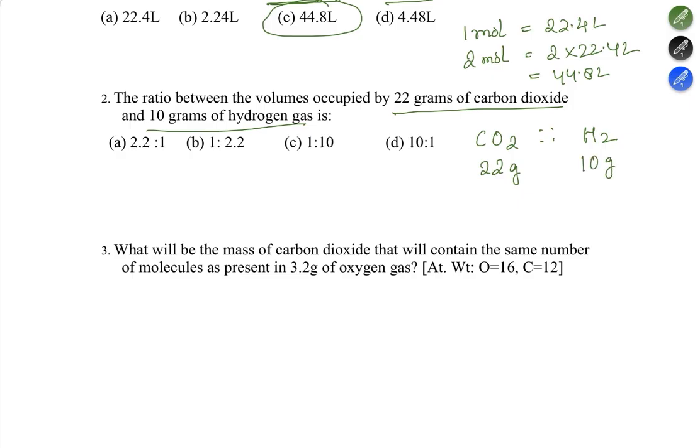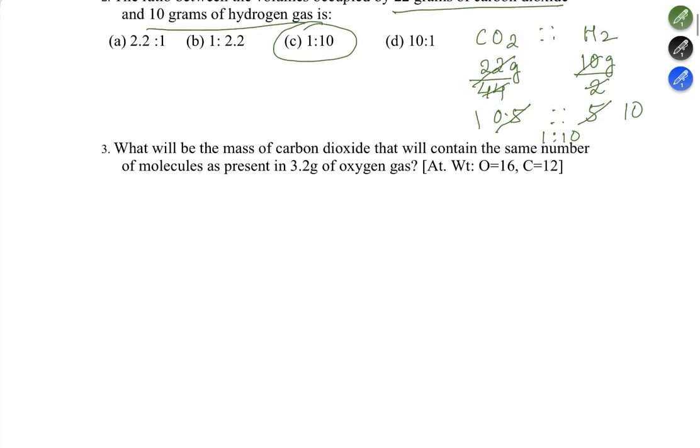For comparing ratios, we have to convert both of these into moles. So I have to divide by the molar mass of carbon dioxide and the molar mass of hydrogen, which is 2, and you will get 0.5 is to 5 mole ratio. So if we see the mole ratio, 0.5 to 5, it is 10 times. So the mole ratio I am getting is 1:10. Again, the correct option is option C.